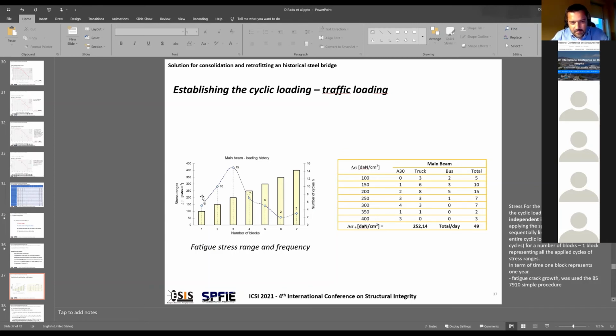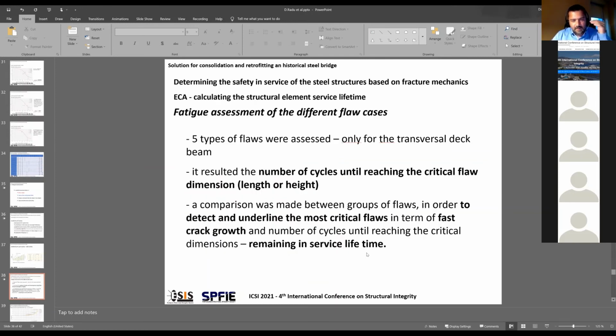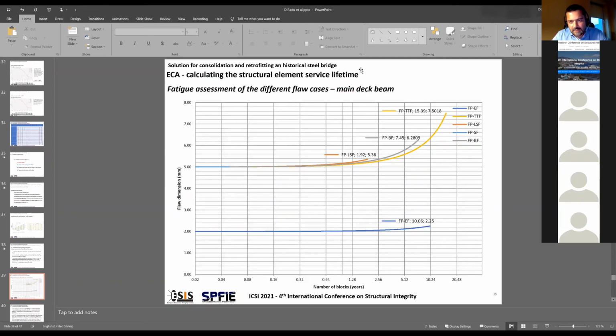So here are the results for the block of stress ranges and the frequency of these stress ranges. As I said, for the main beam only, an assessment was done for 5 types of flaw, as I presented before. And in the end, we come to this graph.